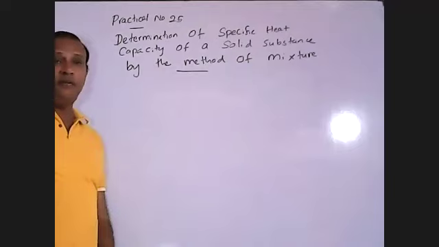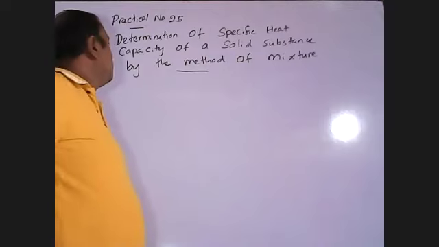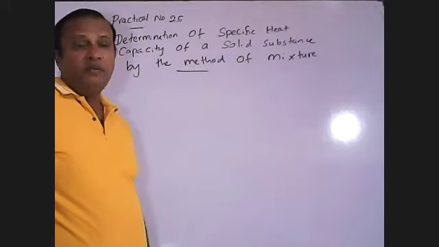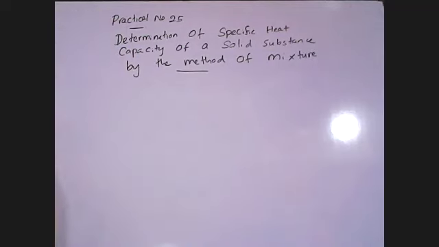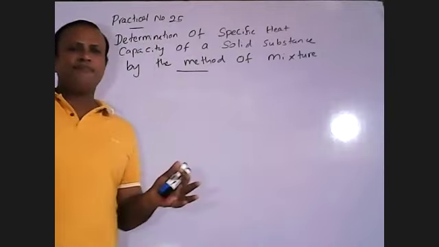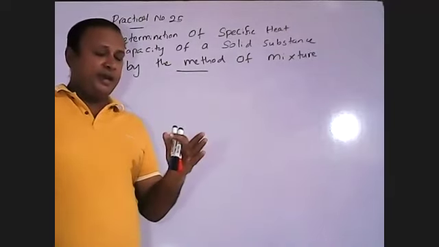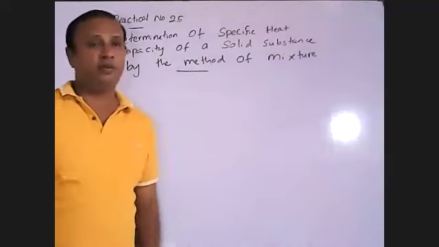So, determination of specific heat capacity of a solid substance by the method of mixtures. In this case, we are going to measure or determine the C value, or specific heat capacity, of a solid substance.